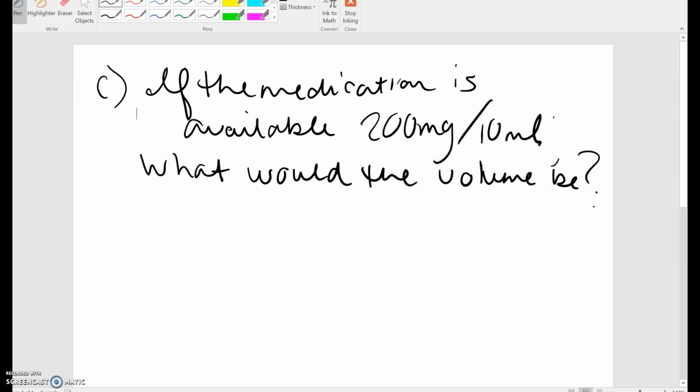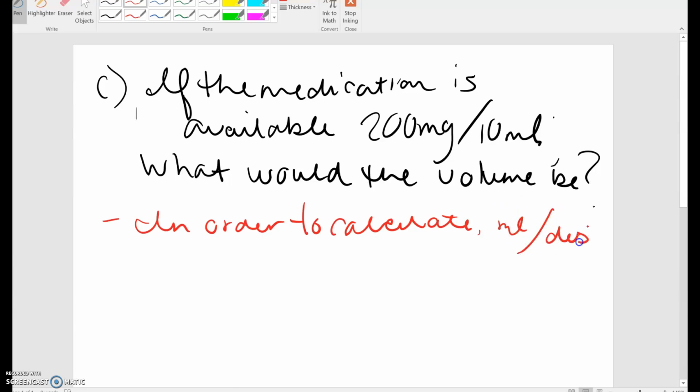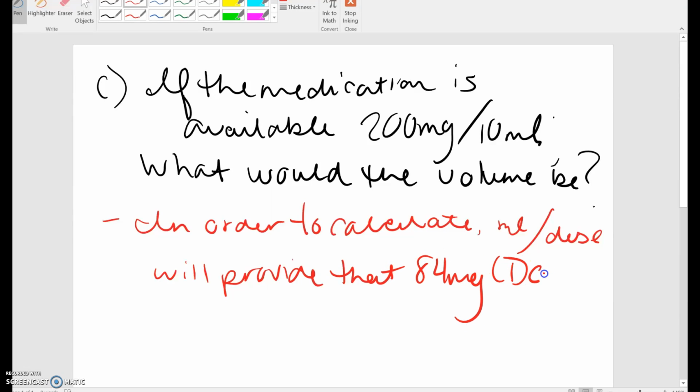This is actually just on page 361, right above example 10-7. So in order to calculate this, what they're basically asking you is, what is the volume per dose? They just want to know how many milliliters per dose will provide that 84 milligram dose order.